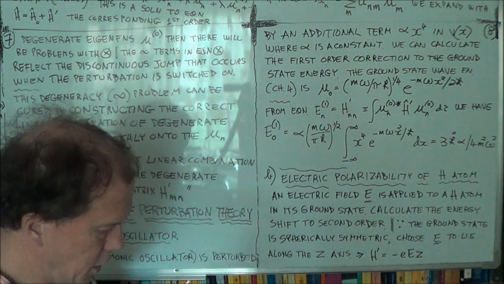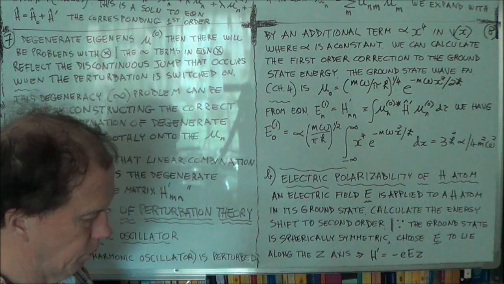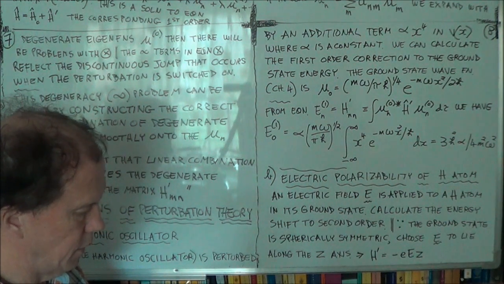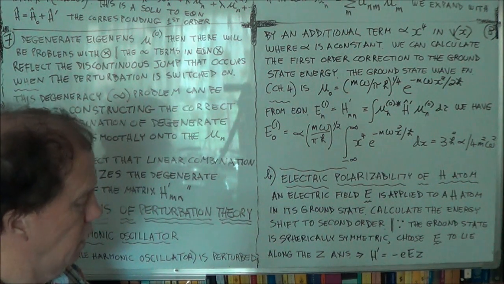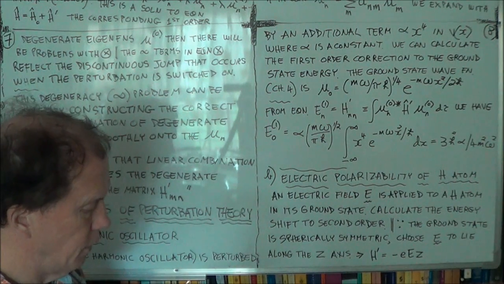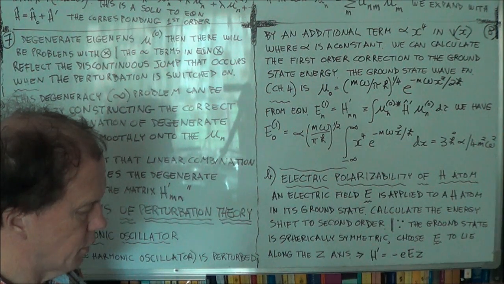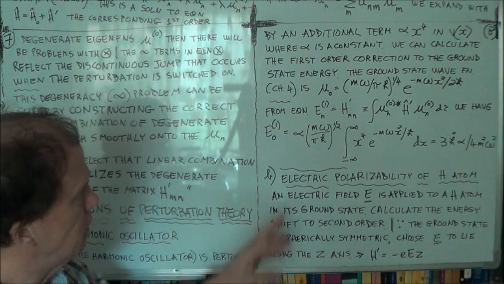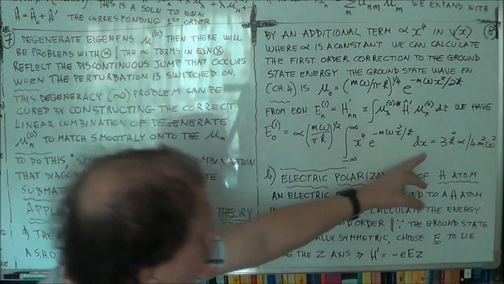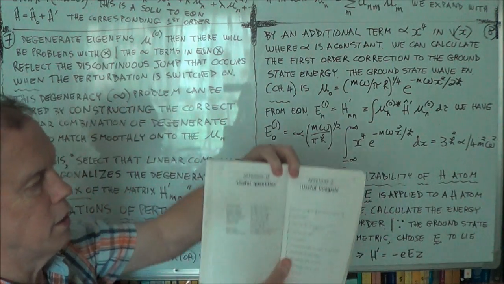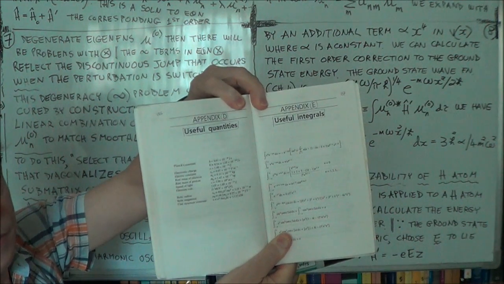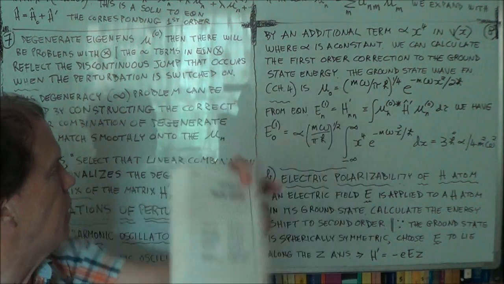Is there something like that in the text? Yes, there is. In the text, it's the integral of x to the power 2n e to minus a squared x squared. Well, you can easily adjust that. So you can find this yourself. You could do that for homework by consulting the useful integrals, Appendix E, in the textbook.